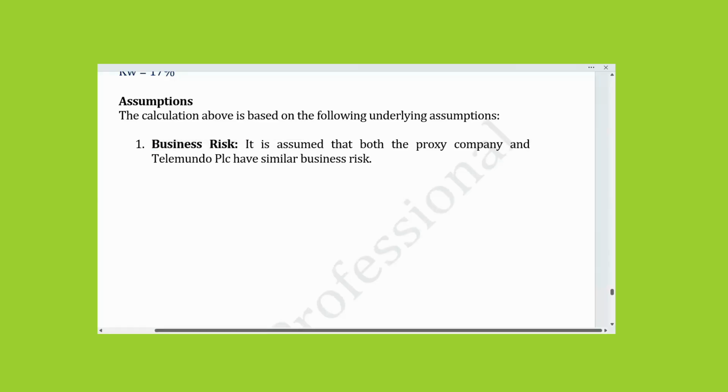Okay. That's one assumption. The second assumption is, let's talk about gearing ratio now, or debt equity proportion. You need to comment on this. Number two.